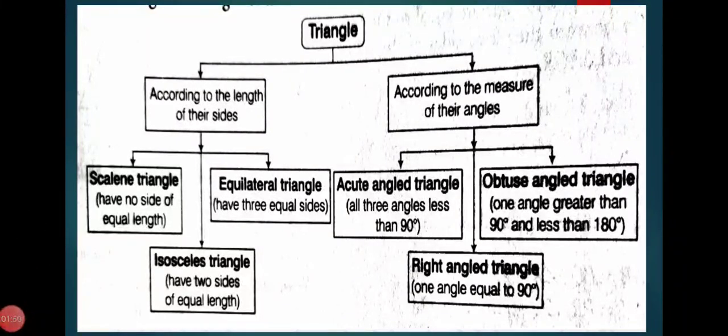And the third one is right angle triangle, a triangle which has one angle of 90 degrees. So in total there are 6 different types of triangles, according to the length of their sides and according to the measure of the angles.